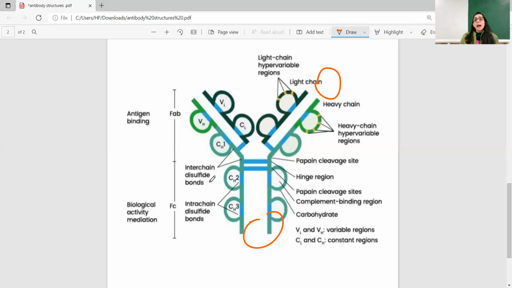Now, IgG is the most abundant antibody which is found in your blood, right? IgG means immunoglobulin, and this G means gamma. Immunoglobulin gamma.